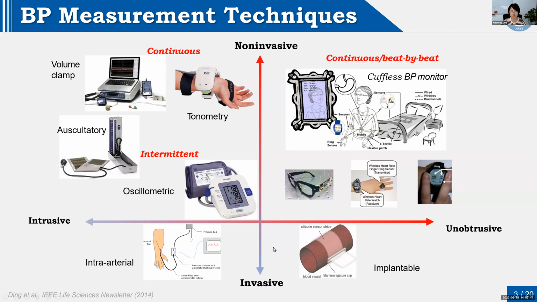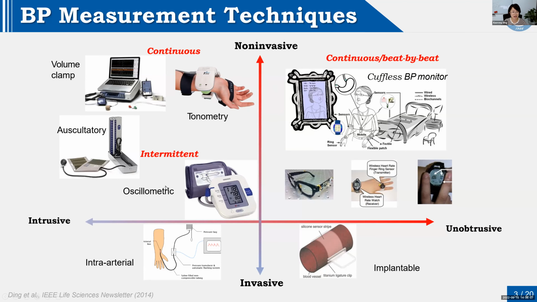Of course, invasive methods like the implantable finger sensors and the intra-arterial way are not suitable for daily use, right? And the common one that I think most of us know, the oscillometric monitor, is the most popular one used in our daily life.